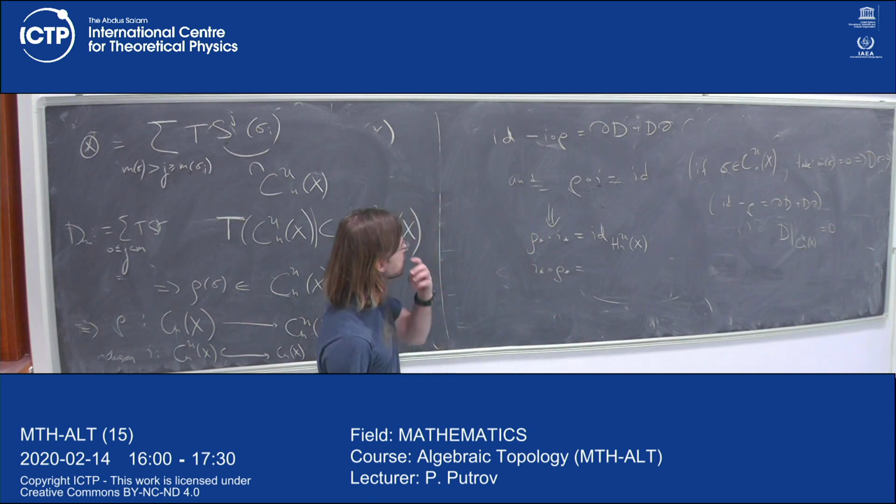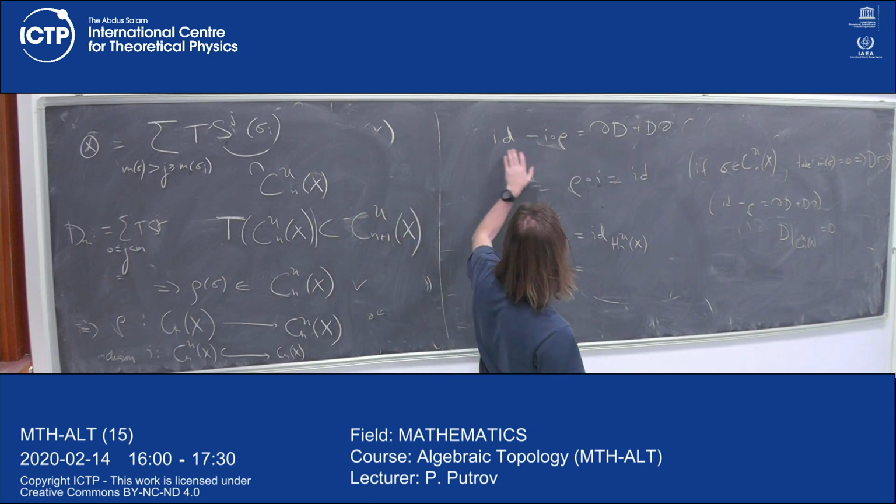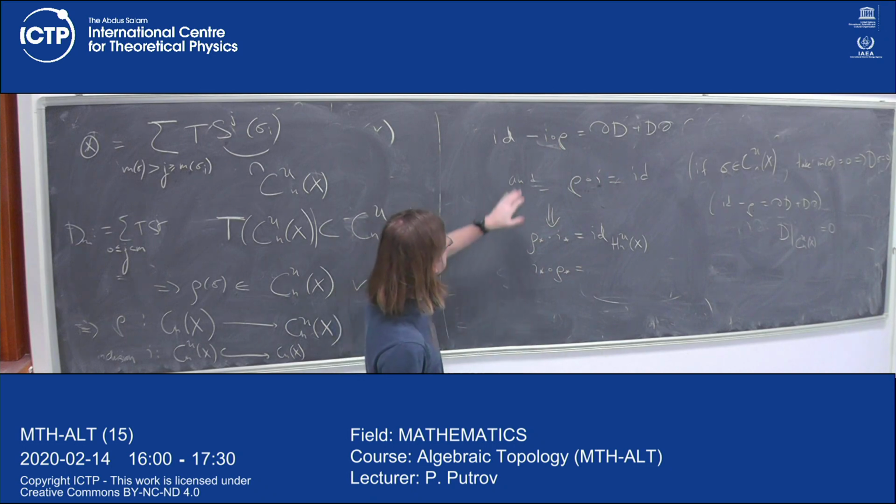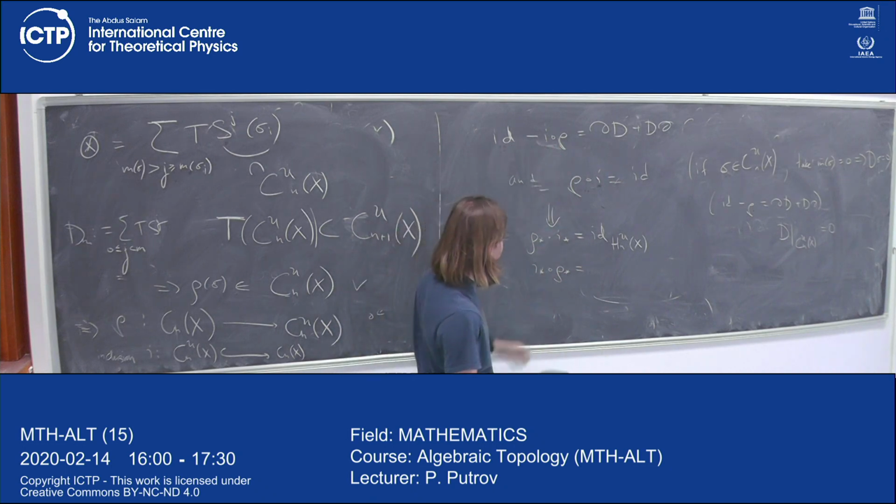So D plays the role of chain homotopy between this map and this map, which we already know in general implies that the induced maps will be the same.